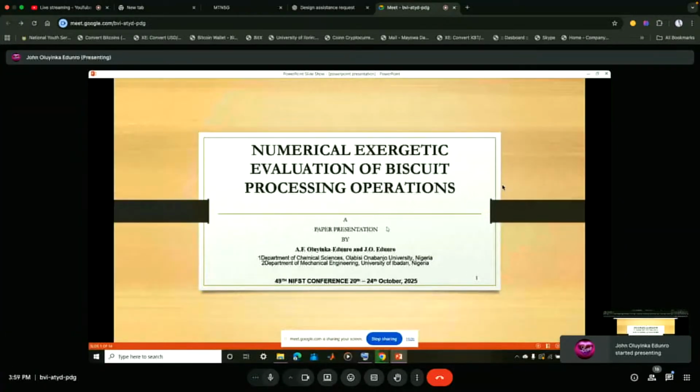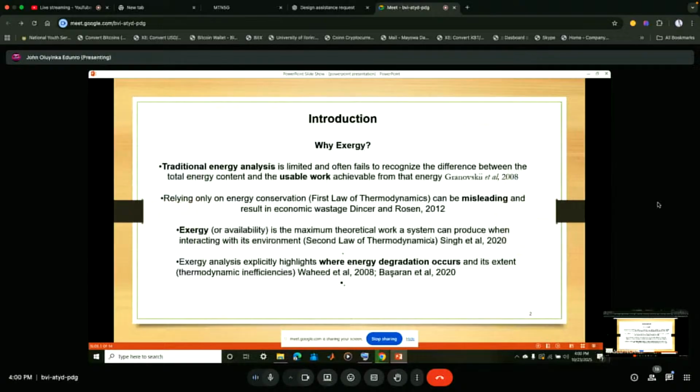Exergy evaluation of biscuit processing operations. Why exergy? Traditional energy analysis is limited and often fails to recognize the difference between the total energy content and the usable work achieved from the energy. Relying only on energy conservation can be misleading. Exergy is the maximum theoretical work a system can produce when interacting with its environment.